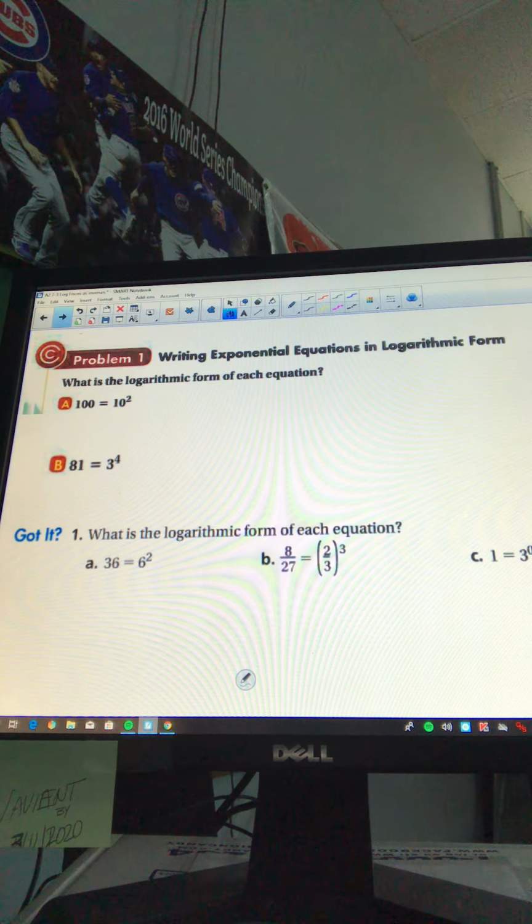All right, so if we want to rewrite these in logarithmic form, okay, here's our base. So we can say the log base 10 of 100 is equal to 2.